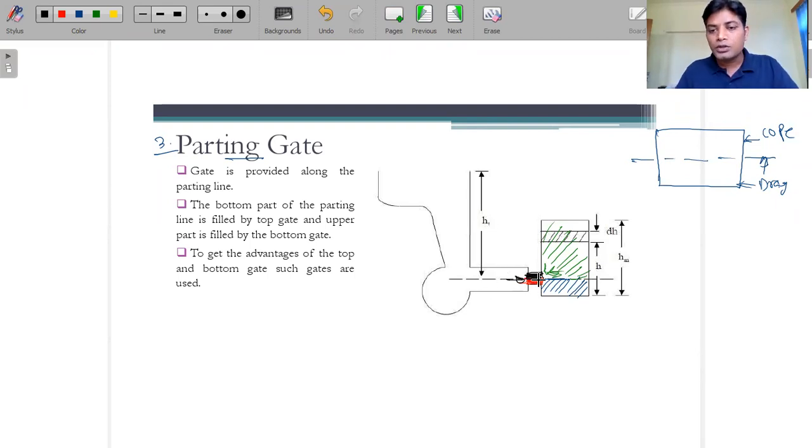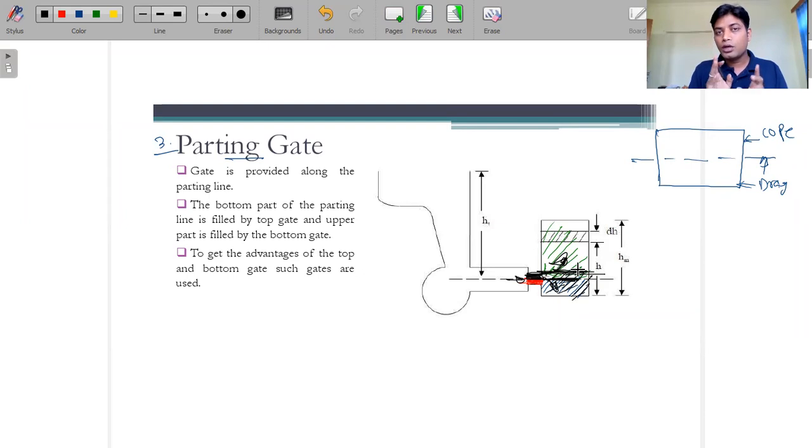Obviously it will first fill the material at the bottom, up to this height, and then it will start filling the rest. Up to here we can say we use the top gate, and from here we fill using the bottom gate. But here we do not use the top and bottom gates separately; we use them in combination.